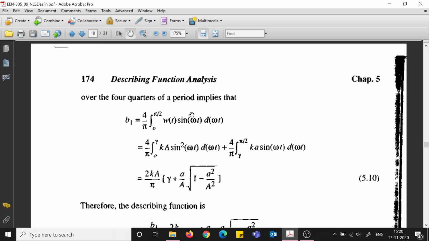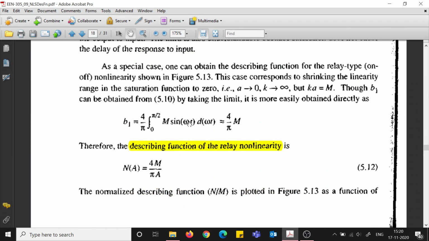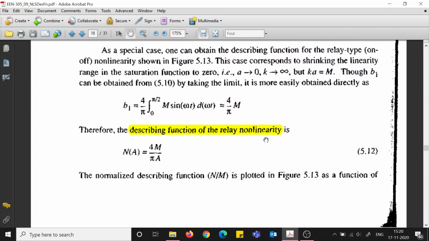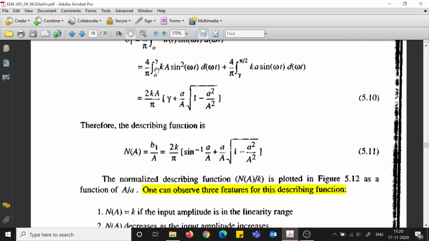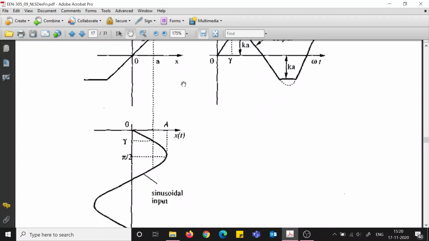From the describing function of the saturation, we can actually derive the describing function of a relay. Relay is the case when k becomes infinity and a becomes 0. a is the range till which it was linear, and k was the slope.